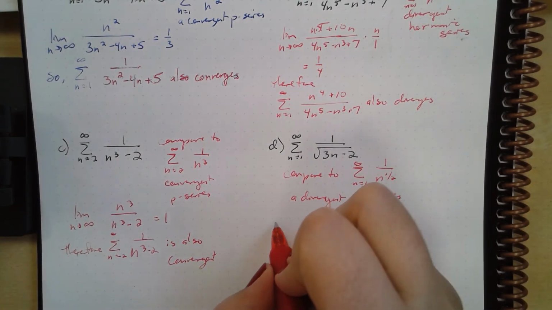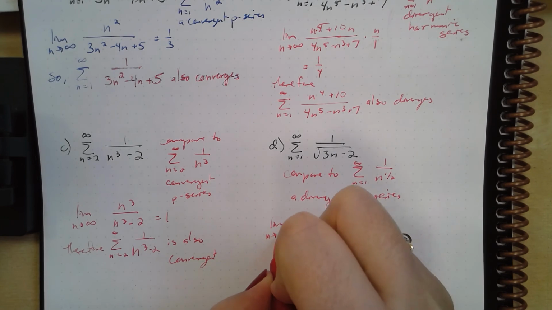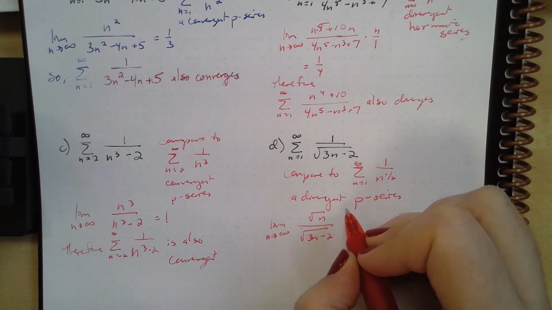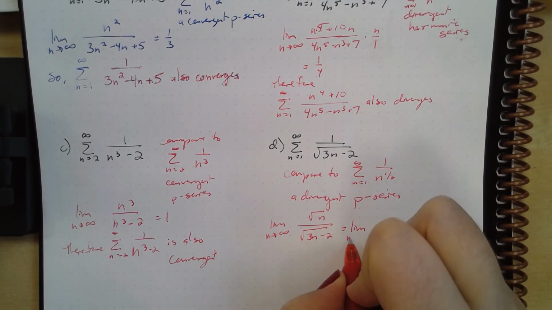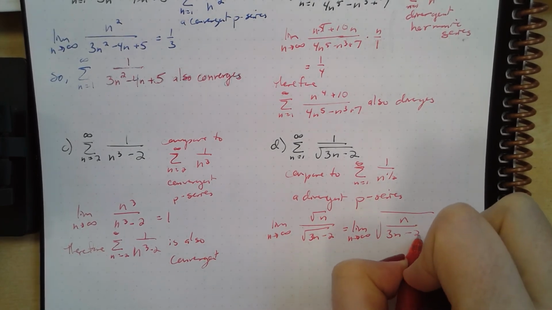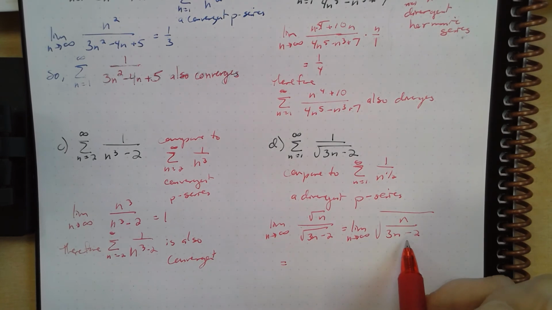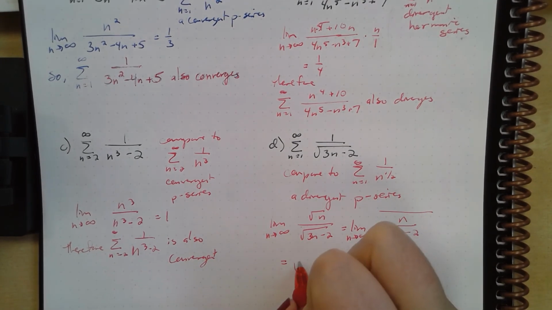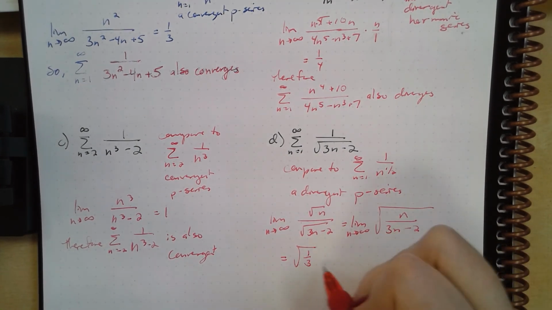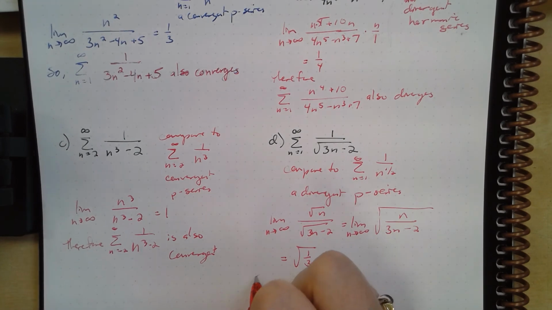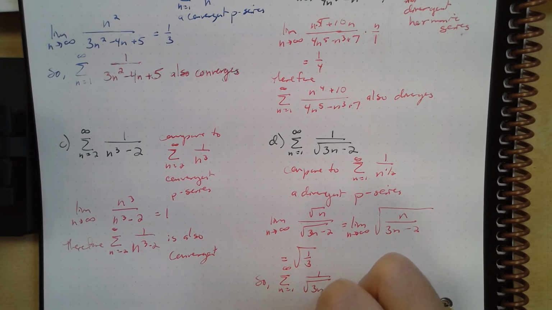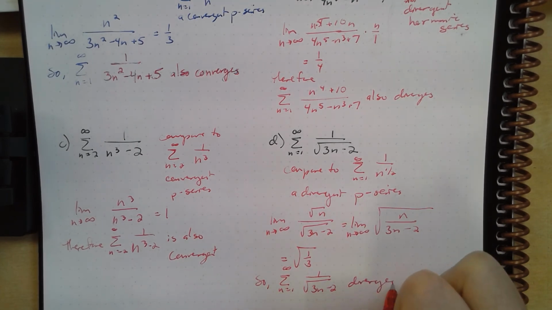So if I divide here, I'm going to get my limit as n approaches infinity of the square root of n over the square root of 3n minus 2, which I can rewrite as the square root of n over 3n minus 2. And that is equal to, be very careful here, it's not equal to 1/3, it's equal to the square root of 1/3, right? Don't forget you've got that square root happening there. So this is finite, this is positive, so the sum from 1 to infinity of 1 over the square root of 3n minus 2 diverges. Okay?